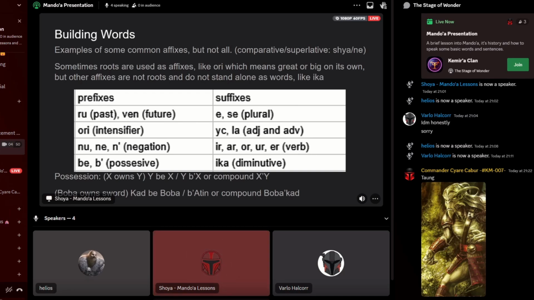Yeah. So some prefixes that we have are the tense prefixes. They're really rare to use because for the most part, you speak in present tense. And if something happened in the past or the future, you reference that with a reference word. So instead of saying I went to the store yesterday, you say I go to the store yesterday.